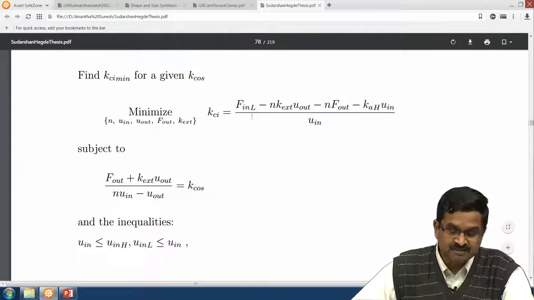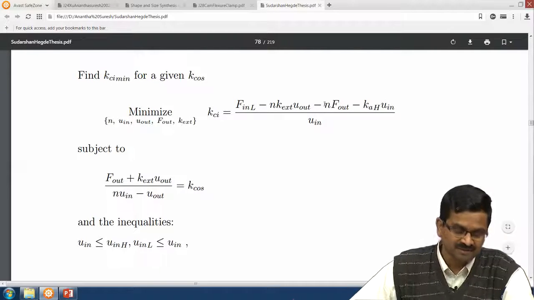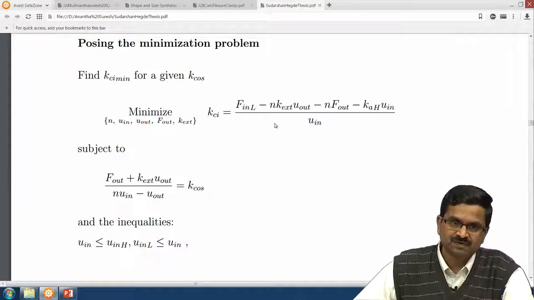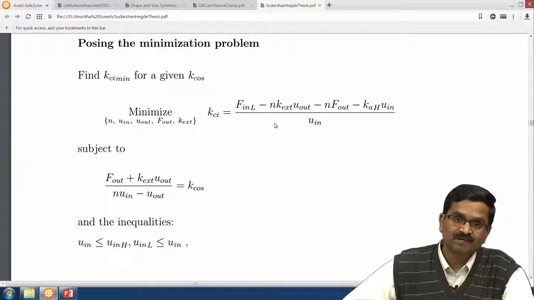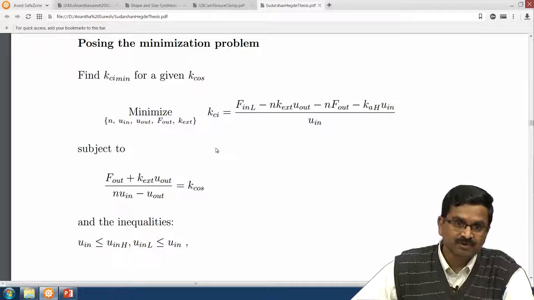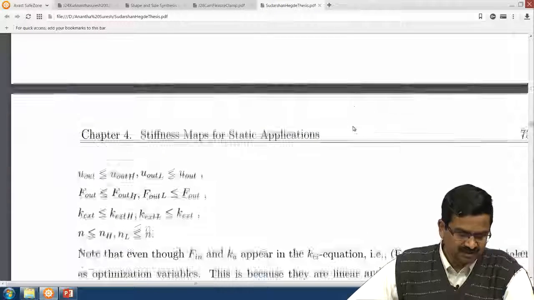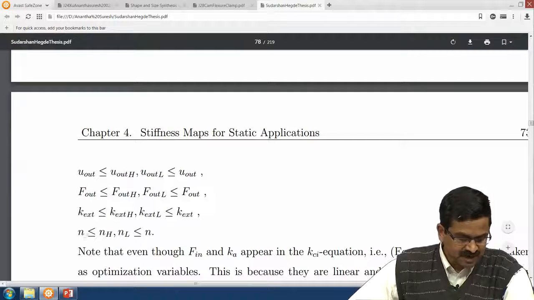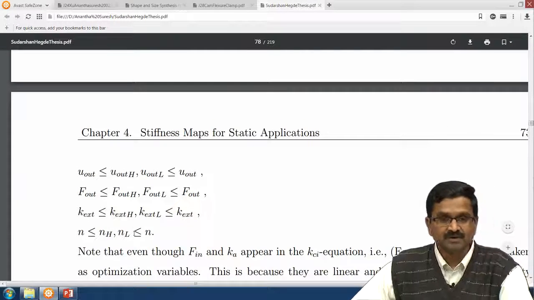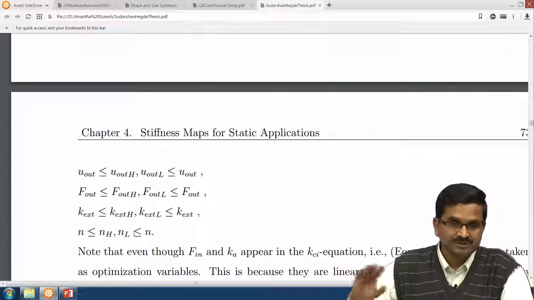But these are simple enough, because these are all polynomial equations, you can actually write down the Karush-Kuhn-Tucker conditions, the KKT conditions, and look at them analytically. We are not doing all of it numerically, we look at it analytically, and then we have the inequalities on U in and U out and other things, and for the n values also there is an extreme value, highest and lowest, that you can determine by looking at the equation a little bit more.